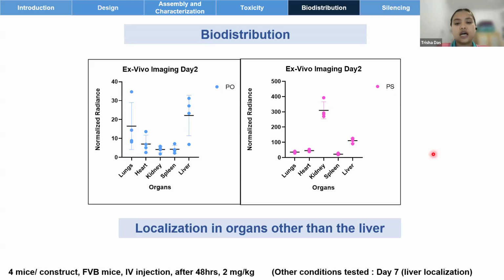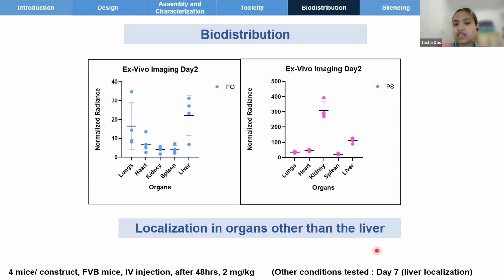Just by changing a very small part of the core, we can have different distributions, which is very interesting for us because we play with the core a lot. All of this was done using IV injections, and we imaged the structures 48 hours later, after we sacrificed the mice and looked at each of the organs.